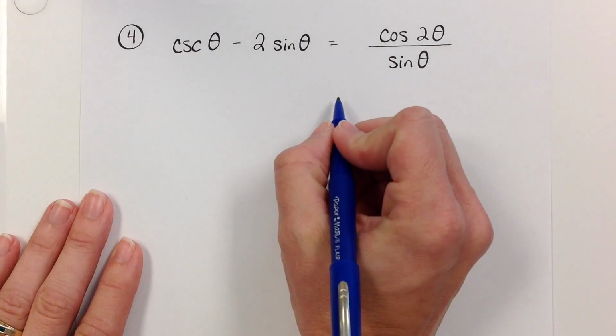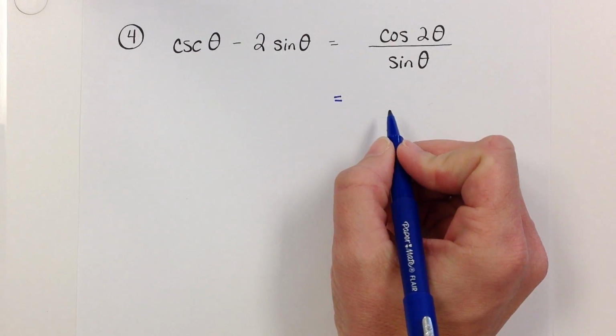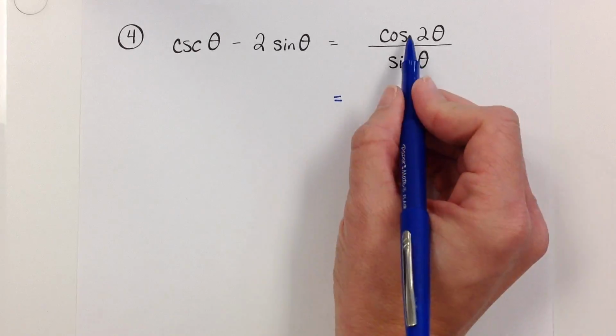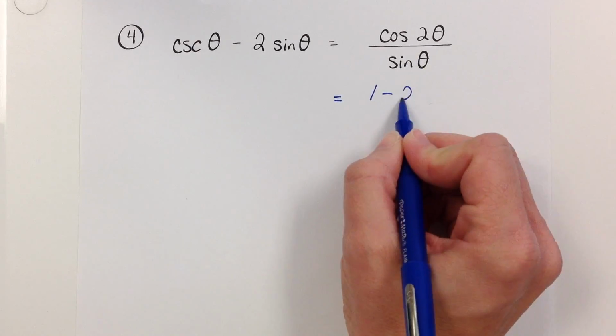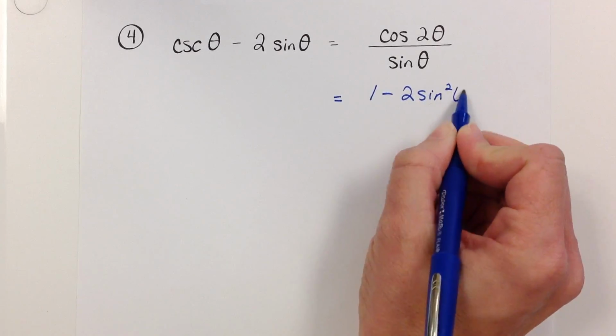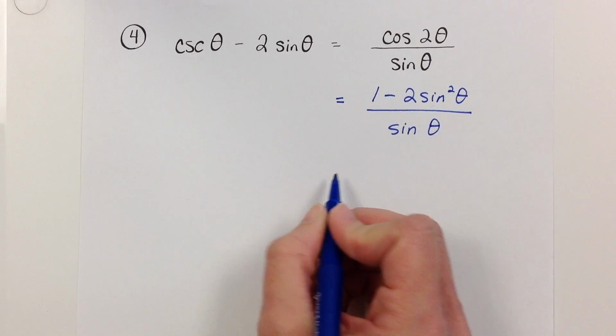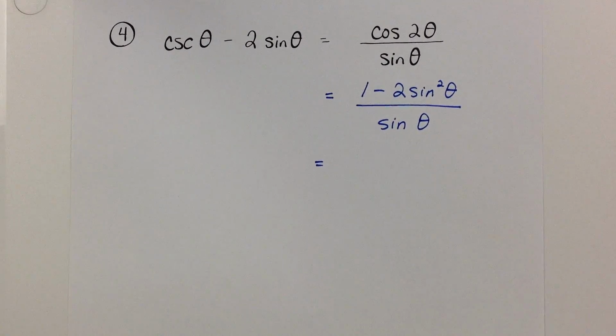So your logical choice to use here is going to be the double angle identity that has only sine in it. So I'm going to replace this with 1 minus 2 sine squared theta. And then that's over sine.